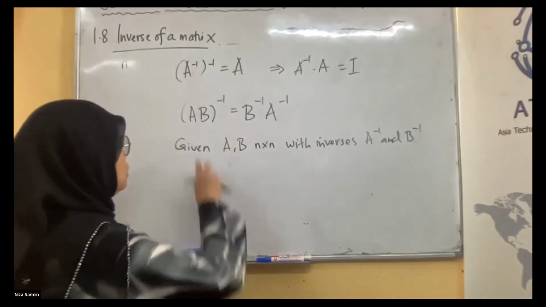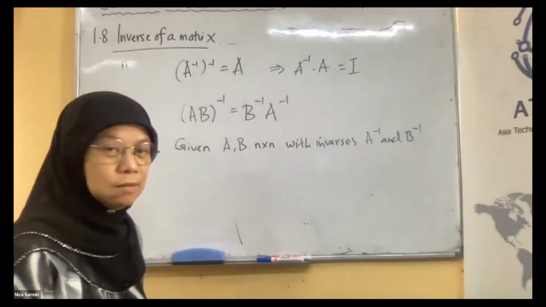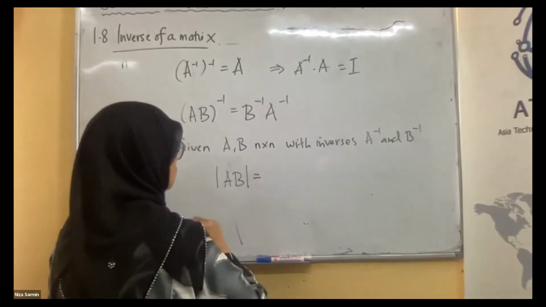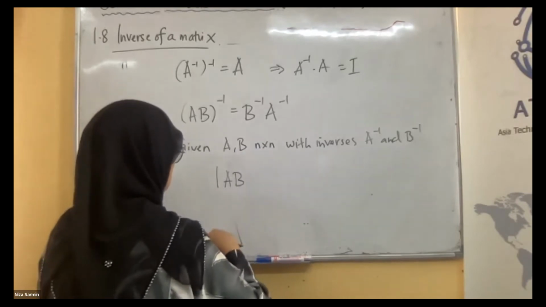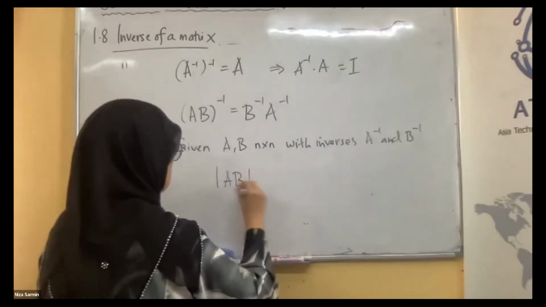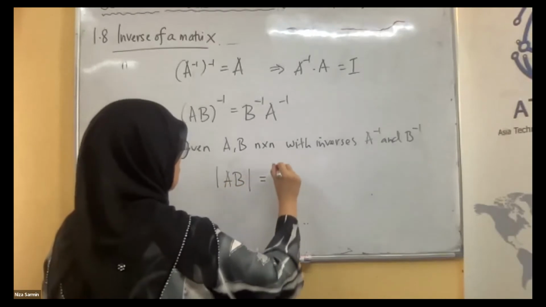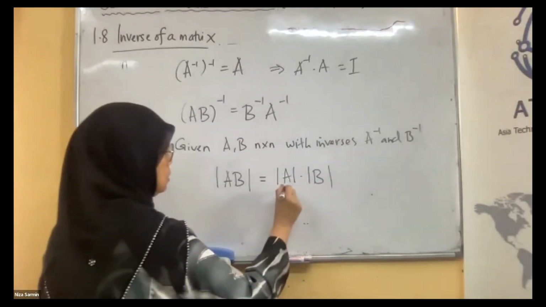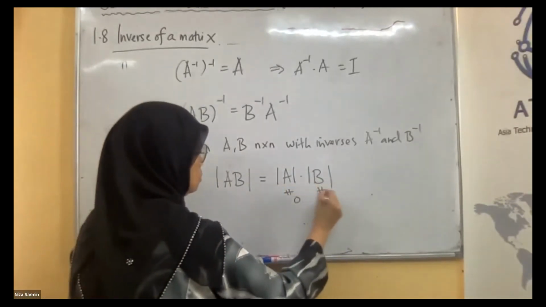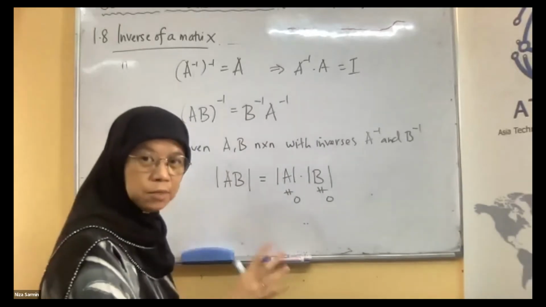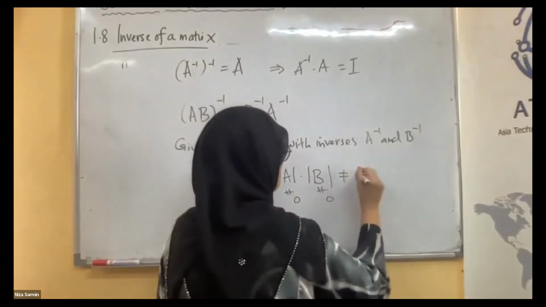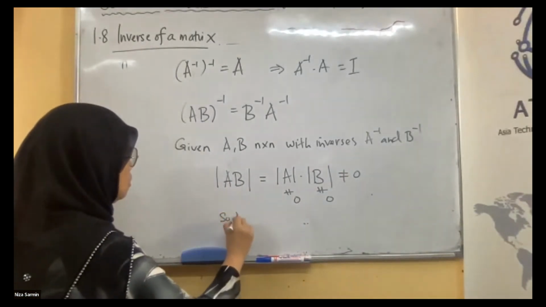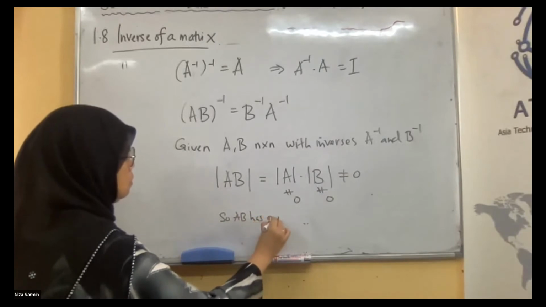How do we know that AB has an inverse? Determinant of AB is determinant A times determinant B. And this is not 0 and this is not 0 because they have inverses. Something not 0 times not 0 is not 0. So AB has an inverse.